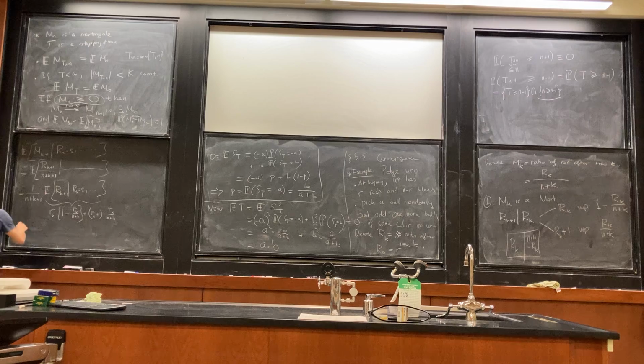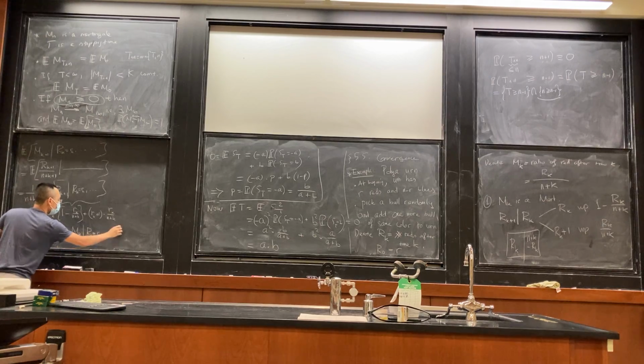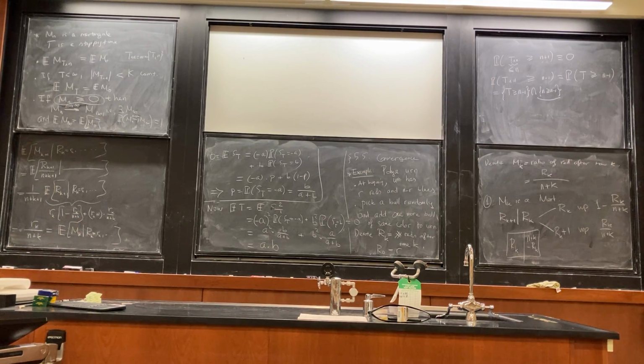Alright, allow me to skip the algebra, but after simplification, I'm pretty sure we will end up with r_k over n plus k. And what is this? That is exactly M_k conditioned on R_k equal to r_k. So M_k is just a martingale.